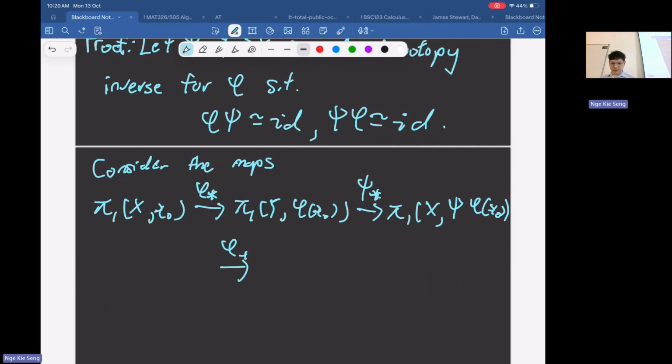We have phi star again, so we will go to phi psi phi x naught like that. Let's look at this chain of maps here. So let's look at the first composition, the composition of the first two maps here.